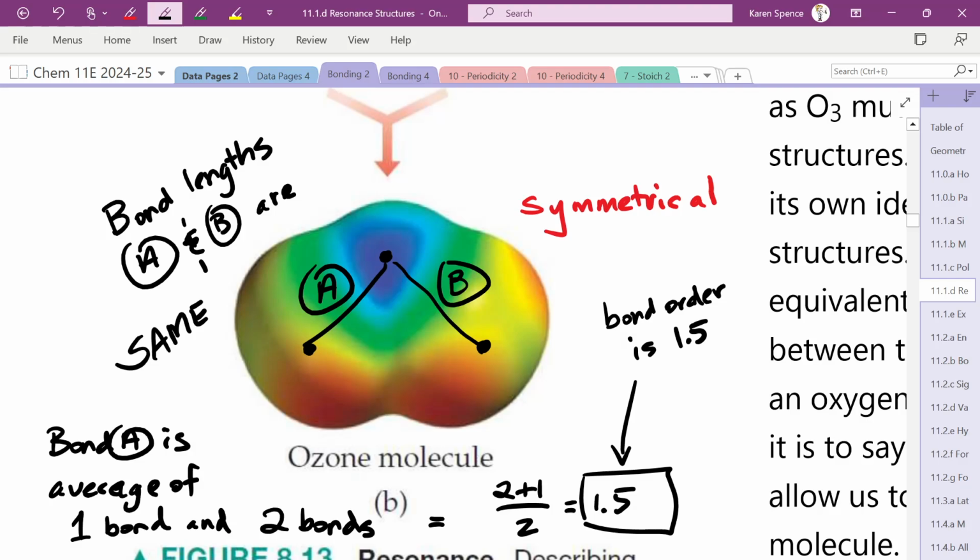Yeah? Because a single bond is bond order 1, a double bond is bond order 2, and so if you have 1.5, then the bond order is 1.5. I'm just going to get to that in a second. I'm just going to let people write things down here, and then we'll move the screen and provide some drawing room.